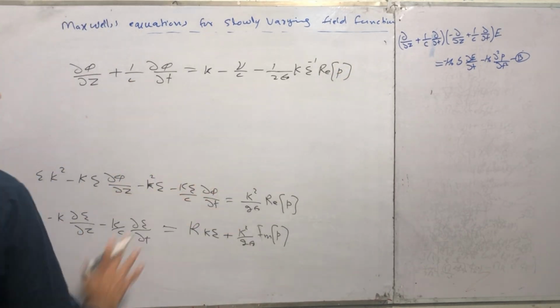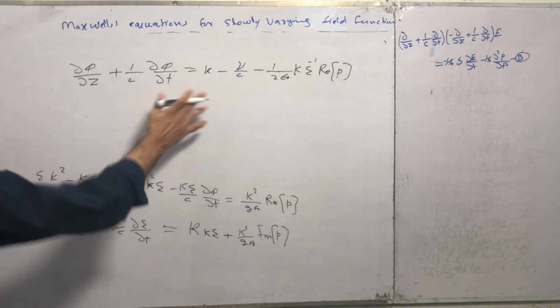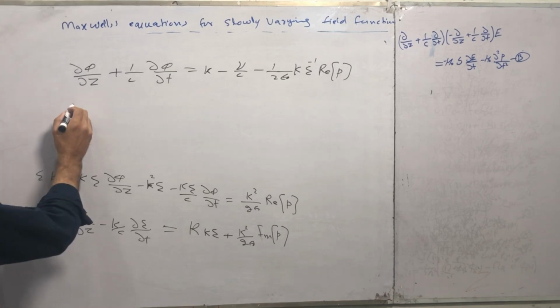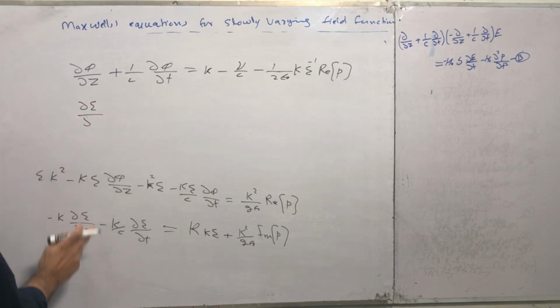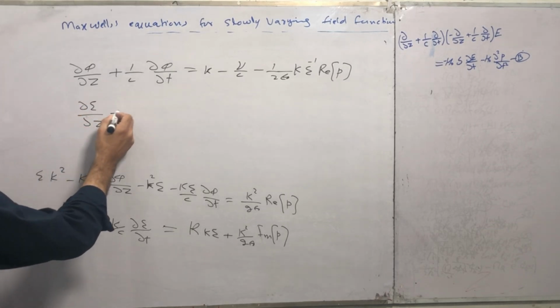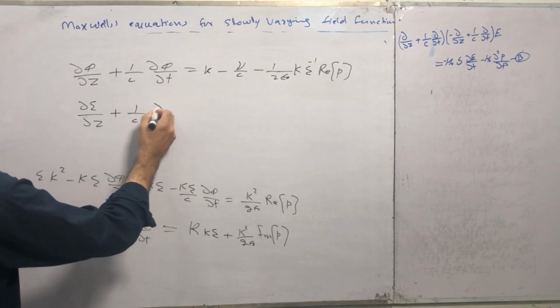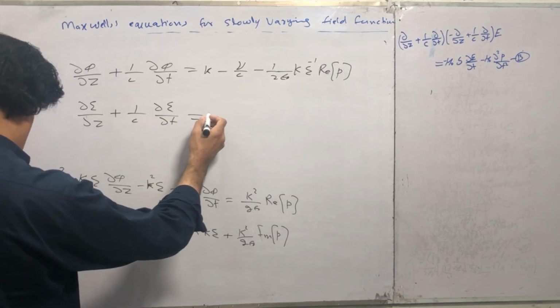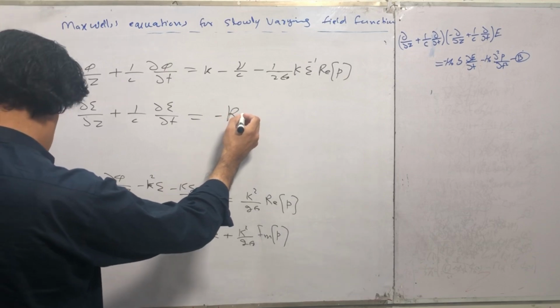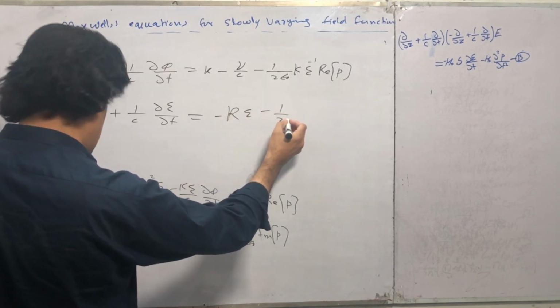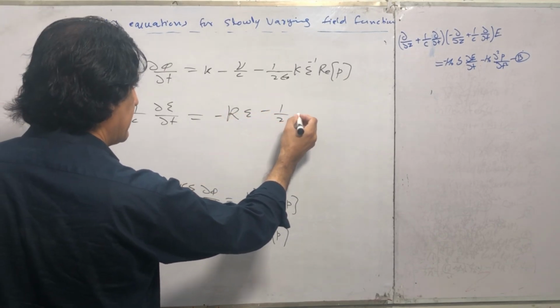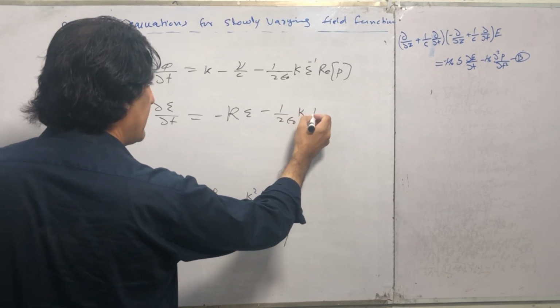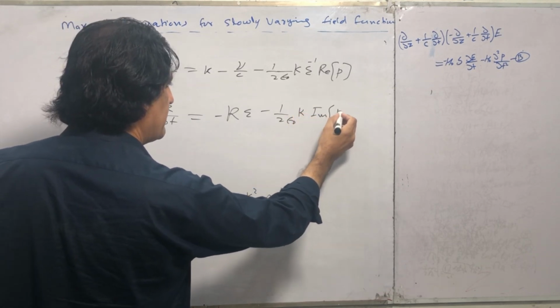You can do this, not more complicated. And partial E divided by partial z plus 1 over c partial E divided by partial t, and this is equal to minus kappa E minus 1 over 2 epsilon naught k and imaginary of p.